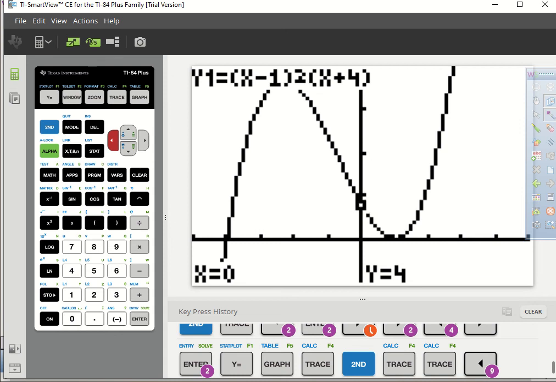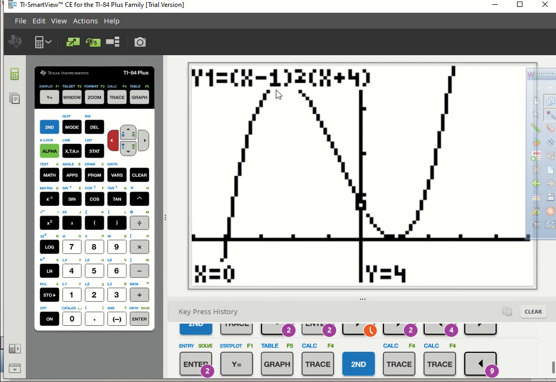And then increase, decrease intervals are, of course, based on the maximum and the minimum. So it looks like we're increasing from negative infinity until we get to the maximum at about negative 2.3. So from negative infinity to negative 2.3, we're increasing. And then we're decreasing from negative 2.3 until we get to the minimum, which is at 1.